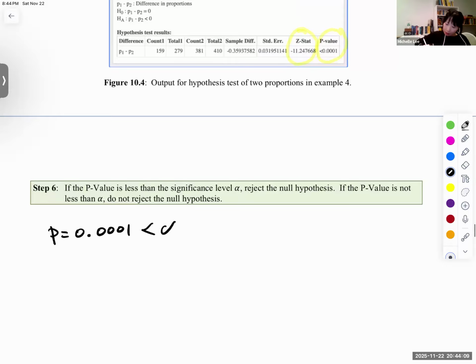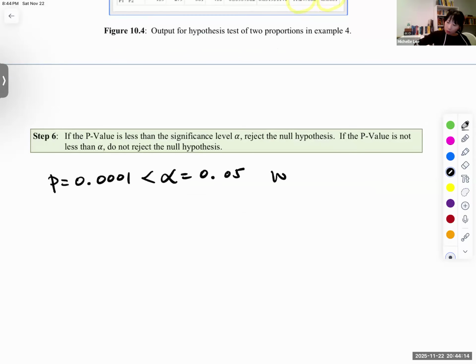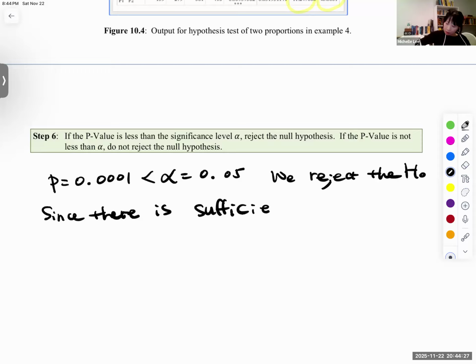Yeah, it's less than alpha, which is 0.05, right? So we do reject the null hypothesis since there is sufficient evidence. Sufficient evidence means enough sample evidence, right? Enough sample evidence.